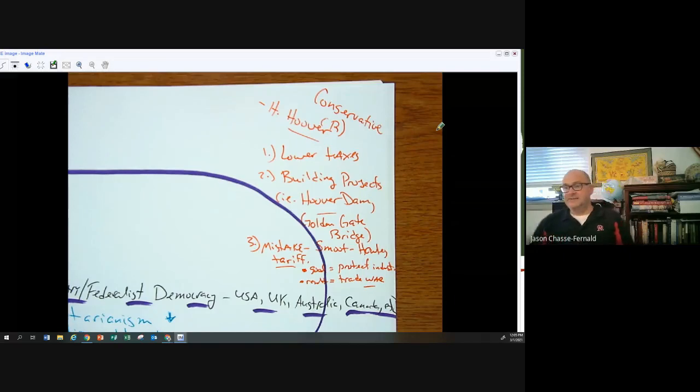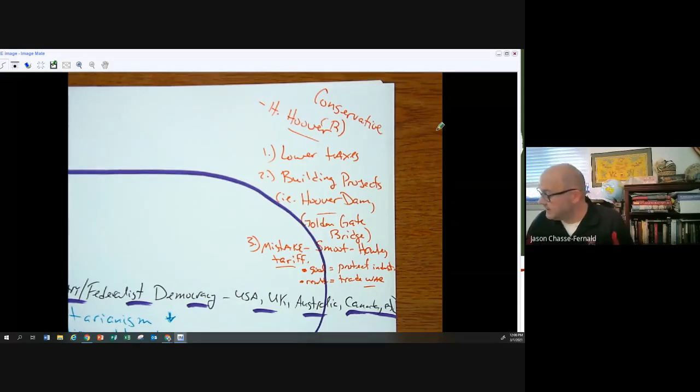Use of tariffs and trade wars are starting to be seen, or at least were in the last administration, in an increasing amount. When you are running a trade deficit of hundreds of billions of dollars a year with a country, and you get into a trade war, who's going to get hurt worse? If you're running a massive deficit, you're probably going to be on the good side of that trade war.